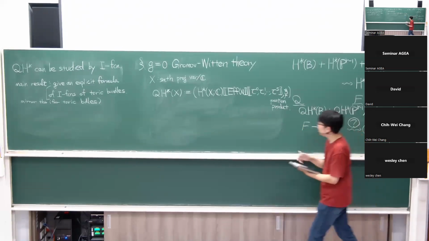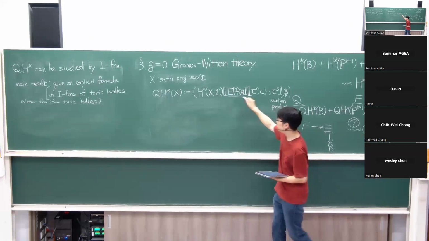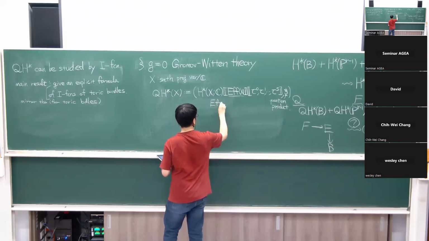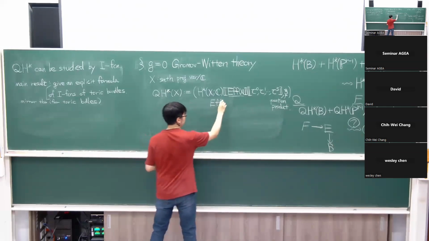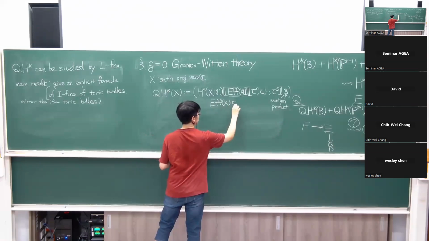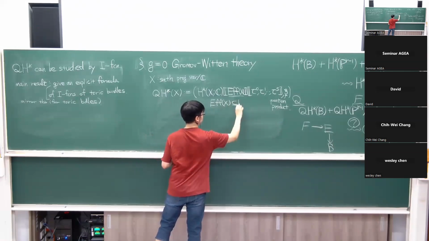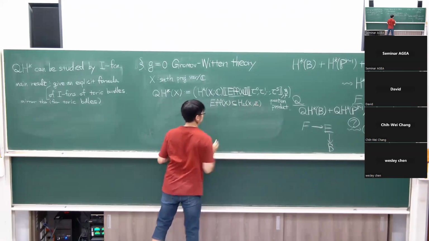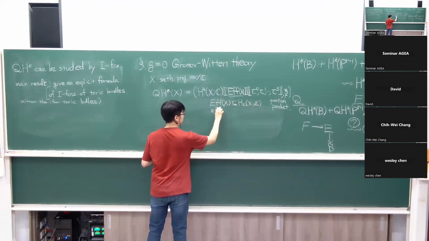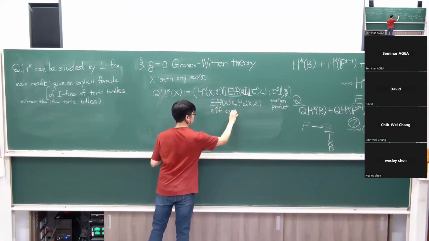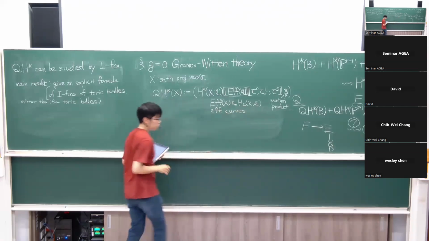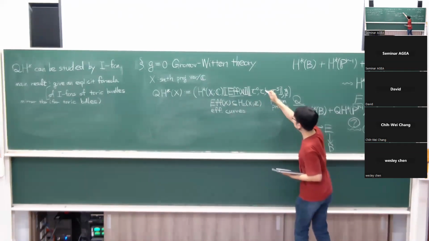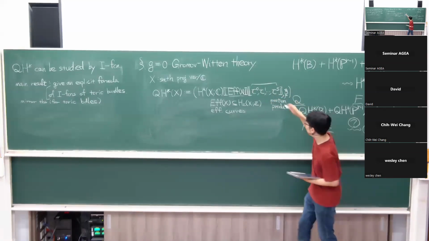Here, NE(X) is the cone generated by effective curves. And tau denotes a parameter for cohomology.